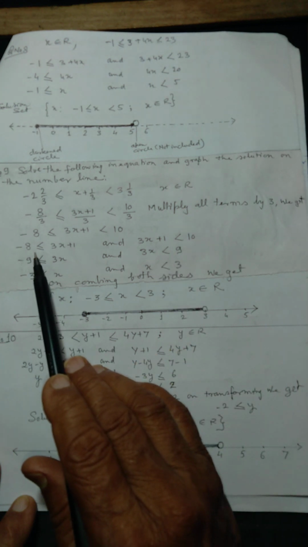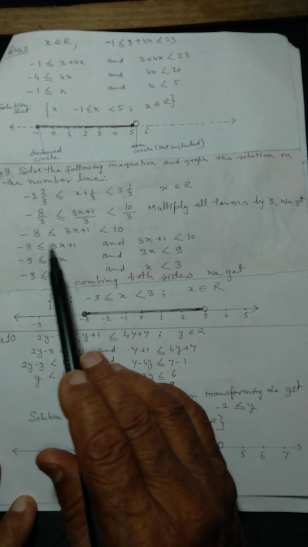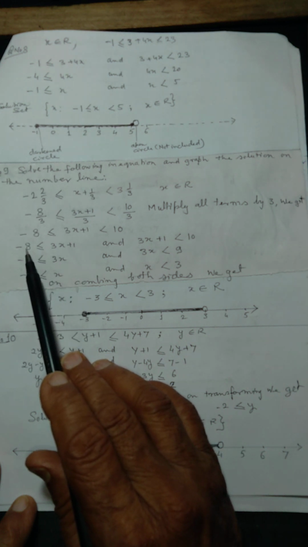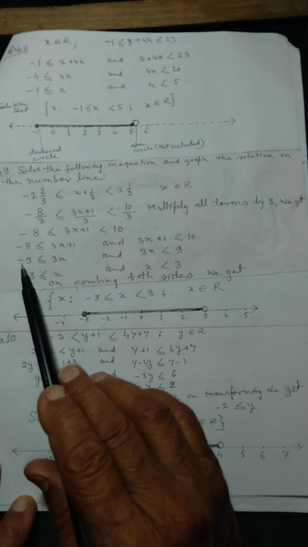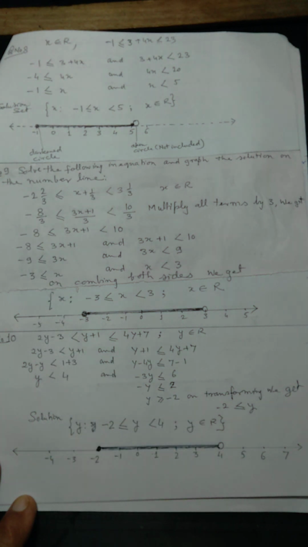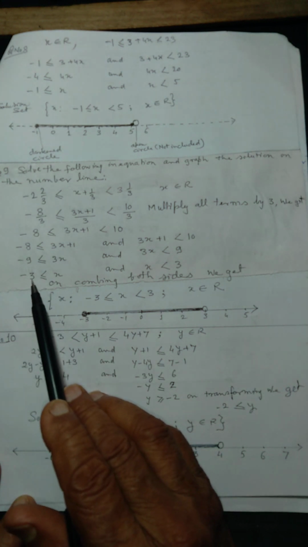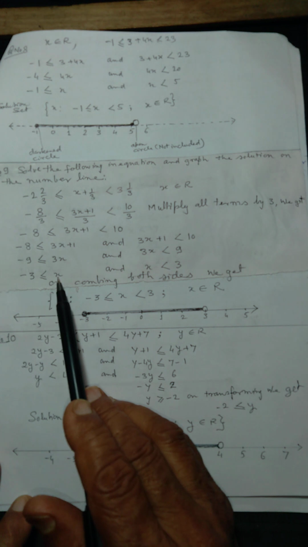In the first part, once you transpose this plus 1 to this side, it will become minus 1 and it will be added to the minus 8. So minus 9 is less than or equal to 3x. So lastly, minus 3 is less than or equal to x.